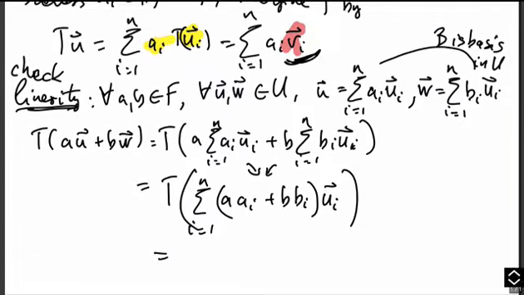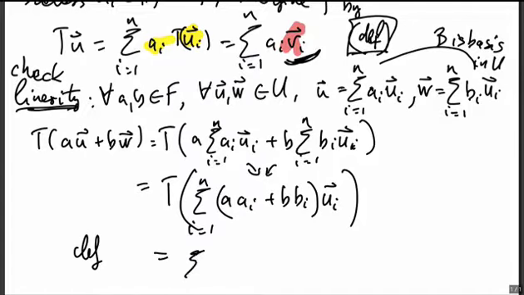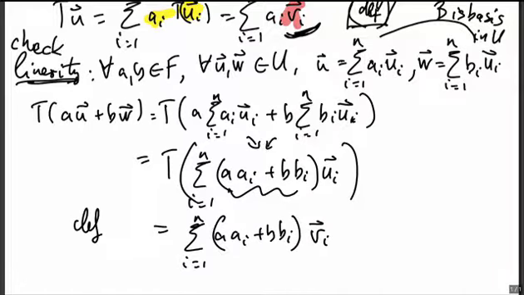So now we can use the definition. Let me mention here that this is by definition. We use the definition that says that once you have this summation, then the result is supposed to be the scalar coefficients a ai plus b bi, and instead of ui, we switch to vi. So now this is in V.